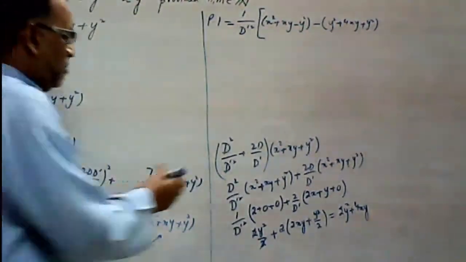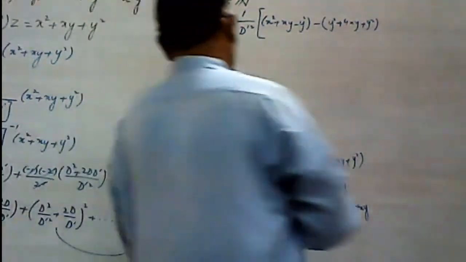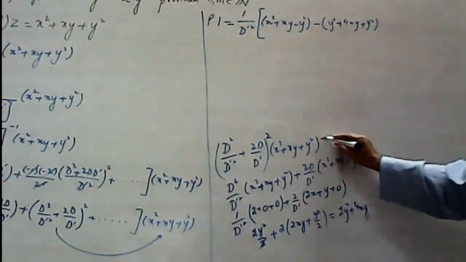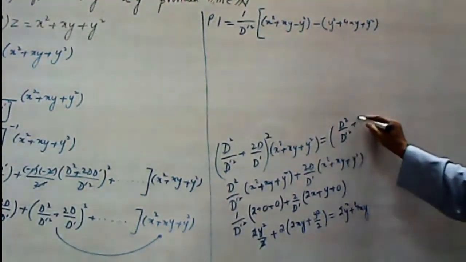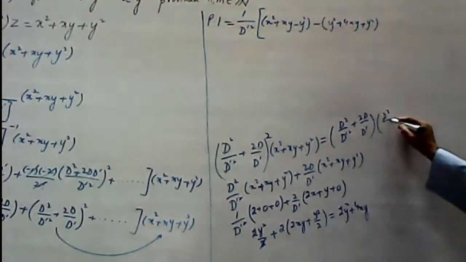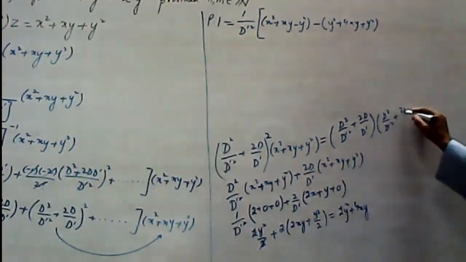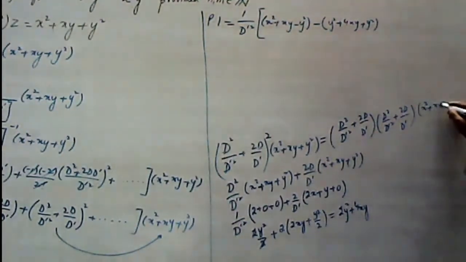Square of this term: if I write the square of this term, I can easily write d square upon d dash square plus 2d upon d dash, and then d square upon d dash square plus 2d upon d dash multiplying on x square plus xy plus y square.